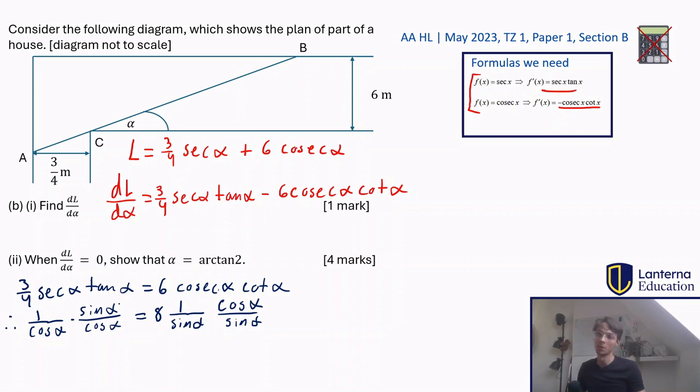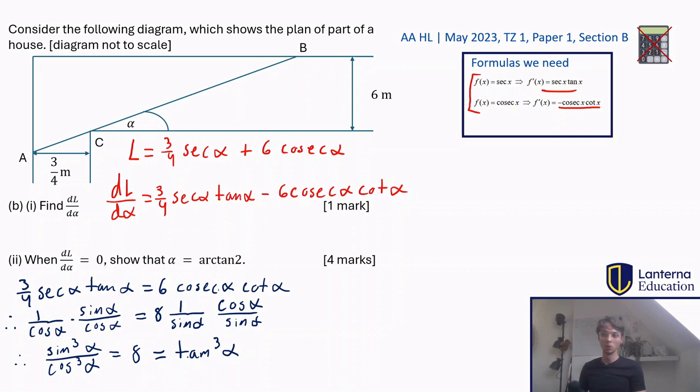Then I multiply all the sines over, and doing all that cross multiplication gets me eventually sine cubed alpha divided by cos cubed alpha equals 8. Aha! Sine over cos, what was that, guys? That was tangent. So this is tan cubed alpha.